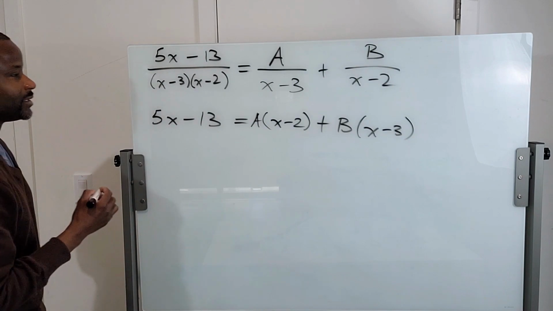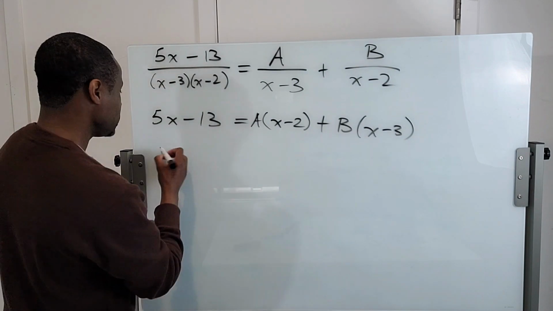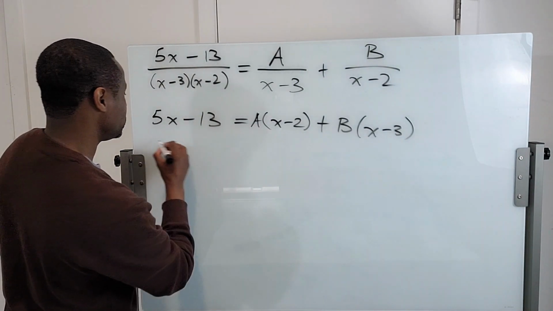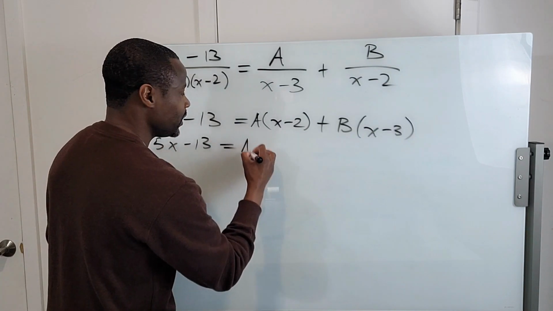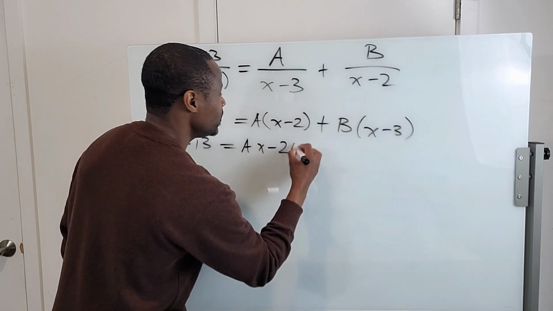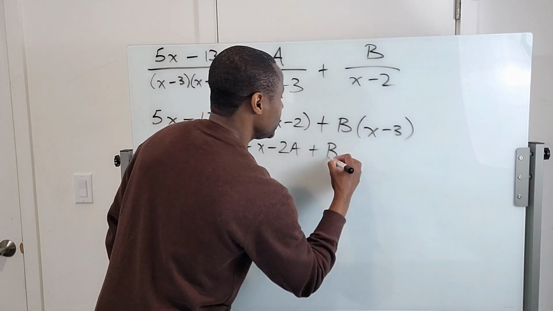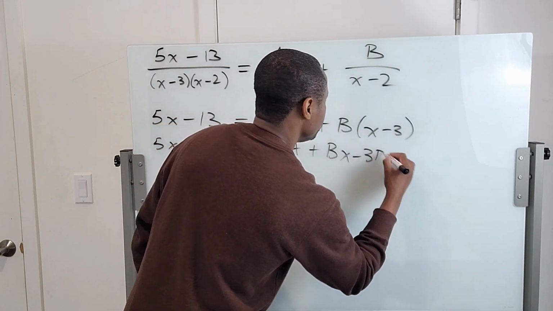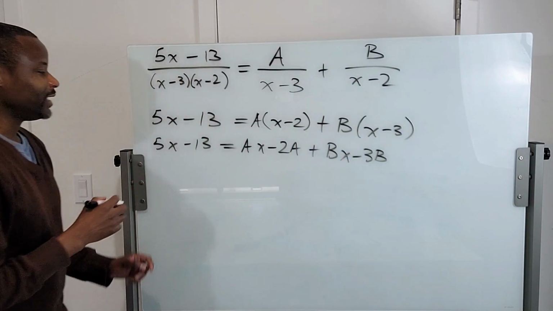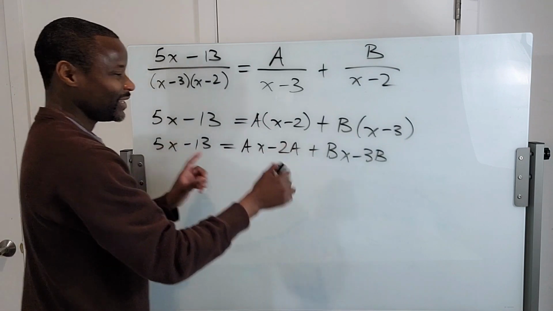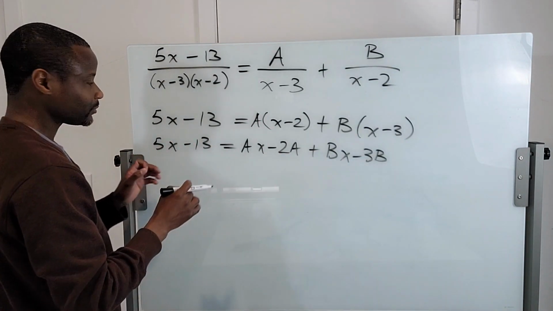Okay, let's go ahead and simplify. So 5x minus 13 is going to be equal to Ax minus 2A plus Bx minus 3B. The goal of this is to get both sides looking as identical as possible.